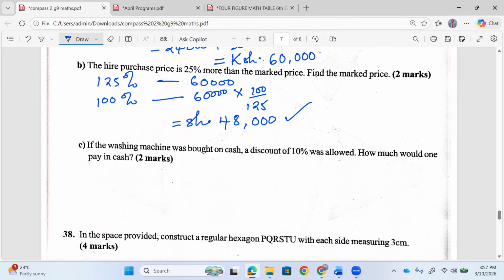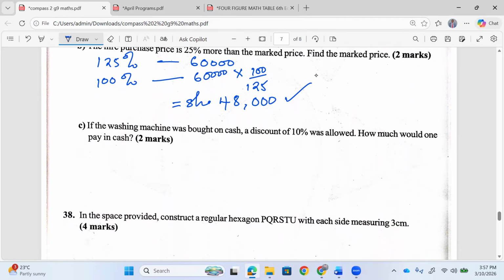We are going to give a 10% discount. So what would one pay? Being given a 10% discount means that you shall only pay 90% of the cost price. In Kenya shillings, this shall be equivalent to 43,200.